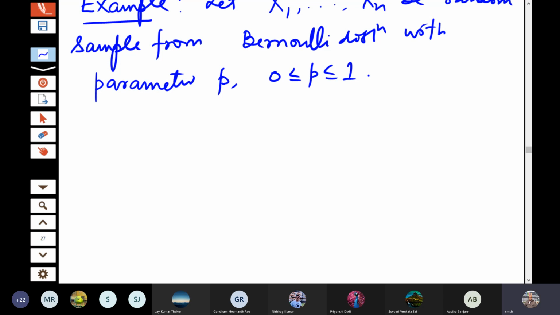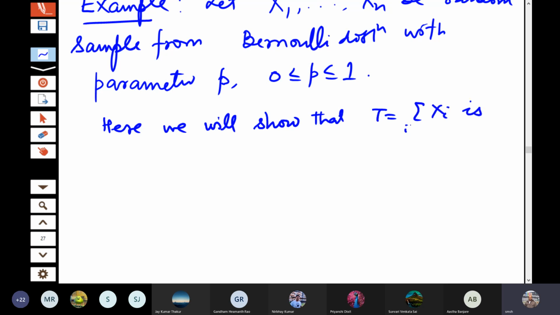So here we will then consider, we will show that T is equal to sigma xi is sufficient.